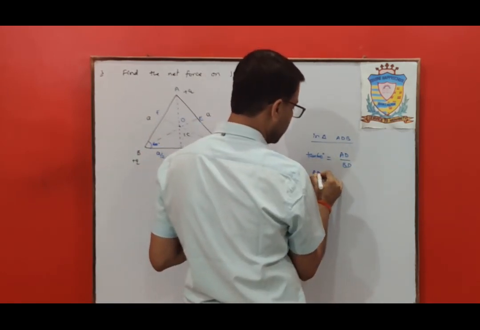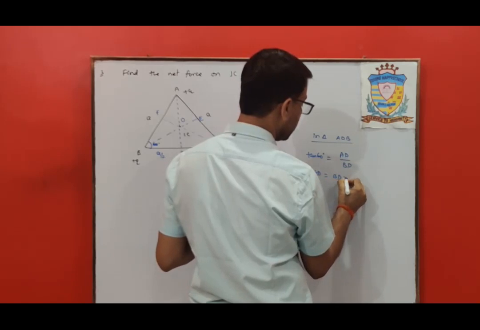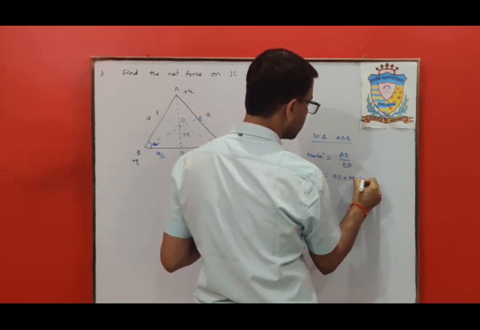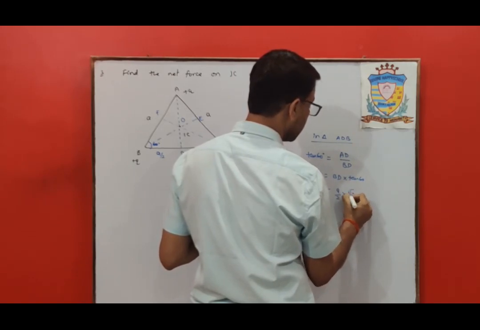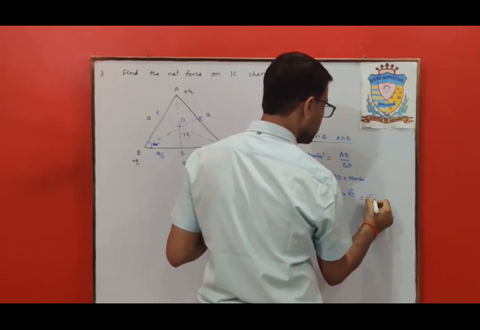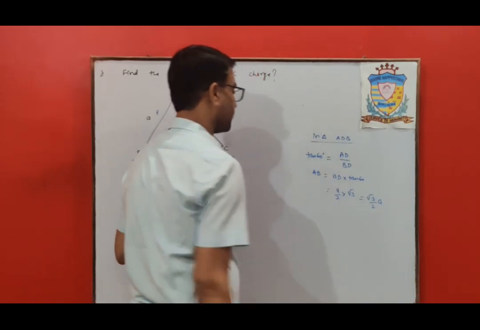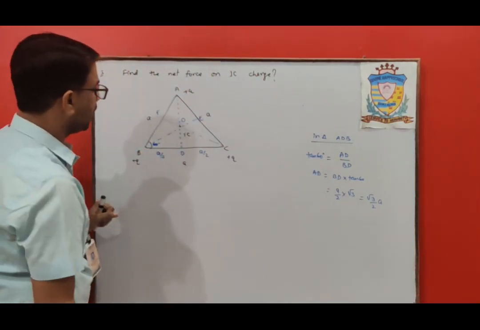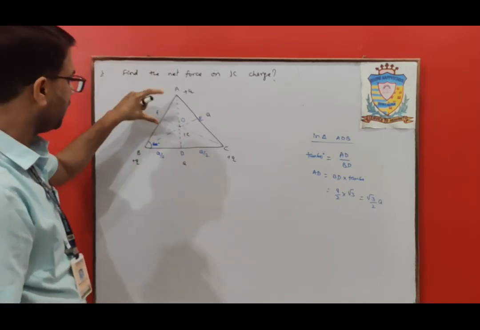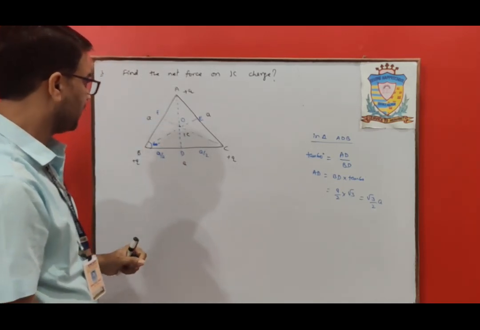So AD is equal to BD into tan 60 degree. Value of BD is A by 2, into tan 60 degree, which is root 3. So this becomes root 3 by 2 A. So we got the value of AD. Now we'll find out the value of AO, BO and CO respectively.